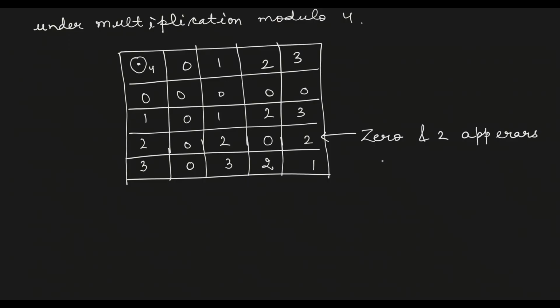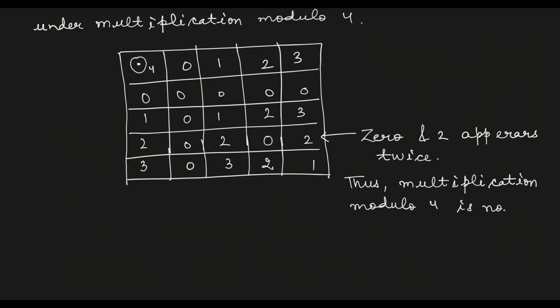Thus multiplication modulo 4 is not a binary operation in which cancellation law holds.